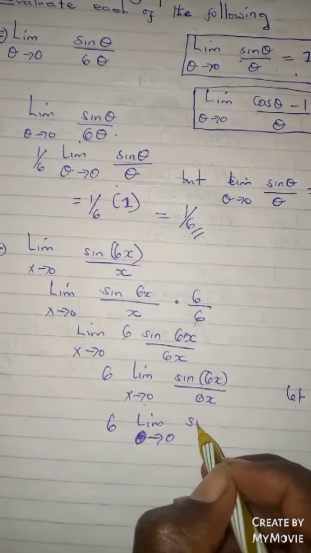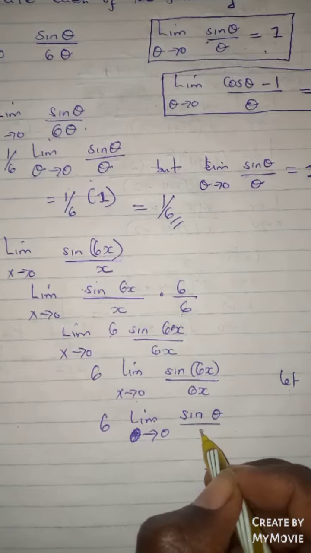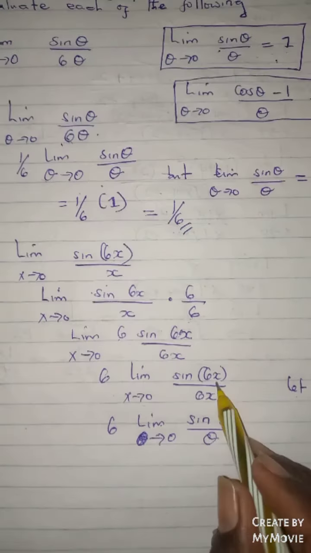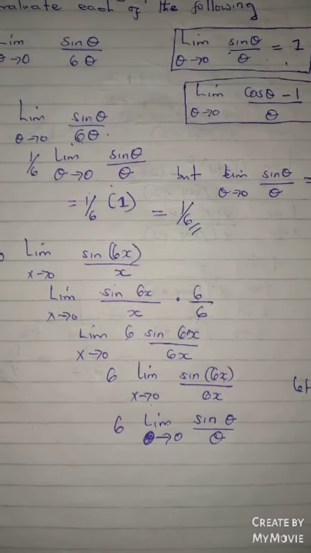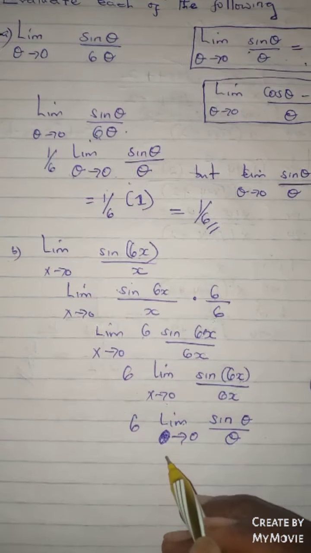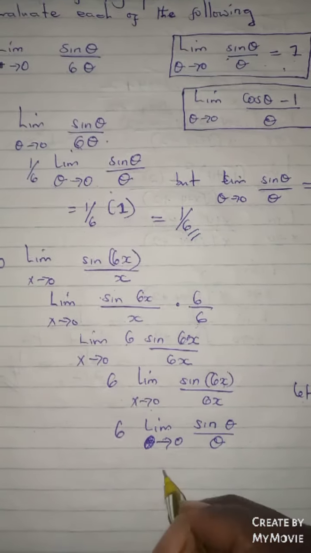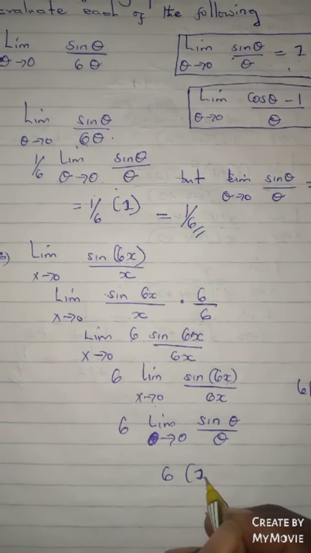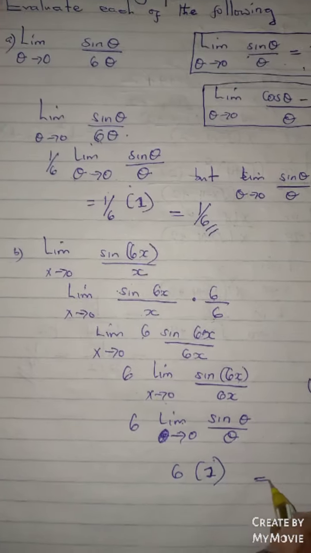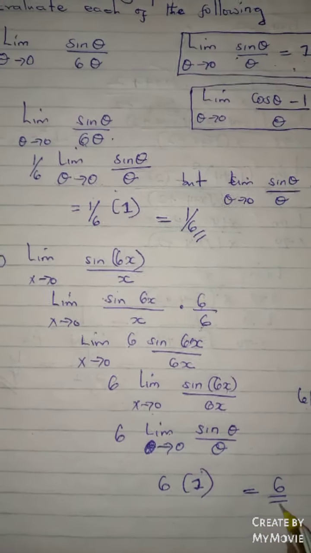You will be left with the sine of theta over theta, because you have defined 6x as theta. All of this, remember, is equal to 1 using the first rule. So that is 6 multiplied by 1, and you get your answer as 6. That is so correct. Thank you for watching.